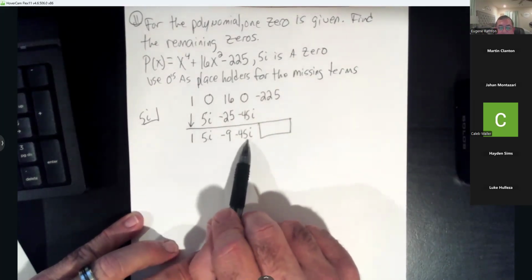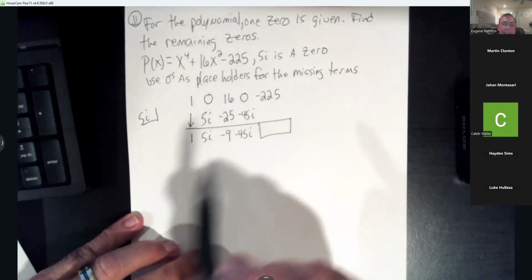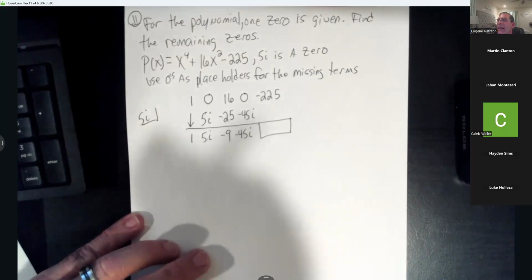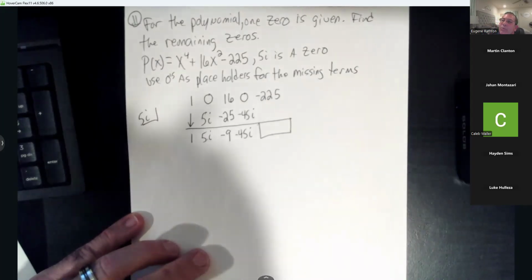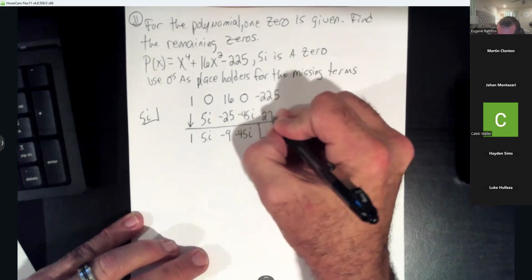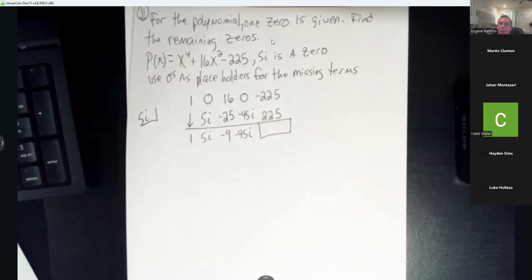Negative 45I times 5I is a negative 225I squared. But remember the I squared equals negative 1. So it's going to make that a positive 225. And y'all look, I'm going to show you again how to do that on the calculator.